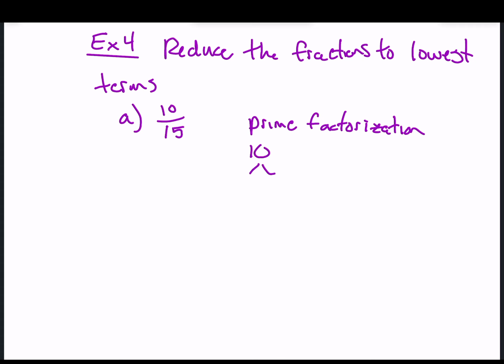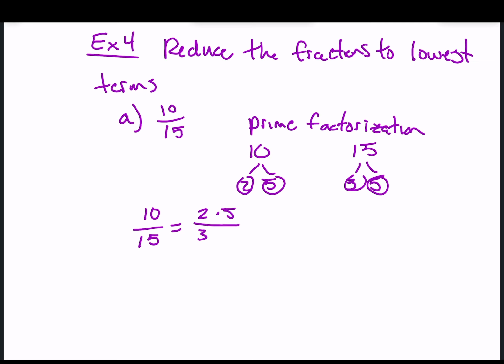So the prime factorization of 10, two factors are 2 and 5. Both of those are prime, and for 15, we have 3 and 5. So what factor do they have in common? Well, they both have a 5 in common. So we can divide both the numerator and the denominator by 5. So that's 2 times 5 over 3 times 5. And those 5s will cancel, and we're left with 2/3.